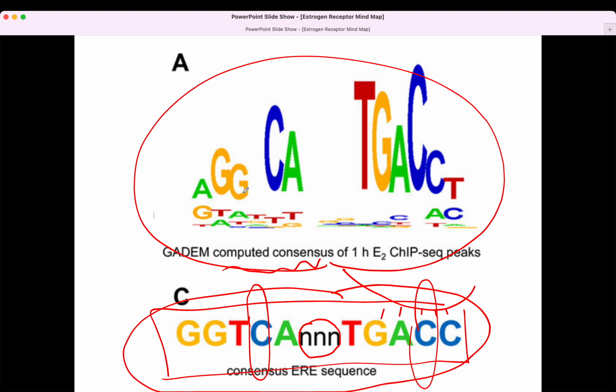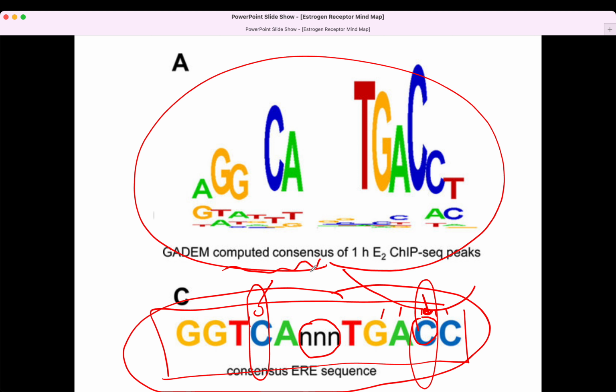They are found essentially in all of the different target genes, enhancers, or estrogen response elements. So these C's are probably particularly important for the amino acids to make specific contact with, to be sure that this is the correct place for the estrogen receptor to bind.